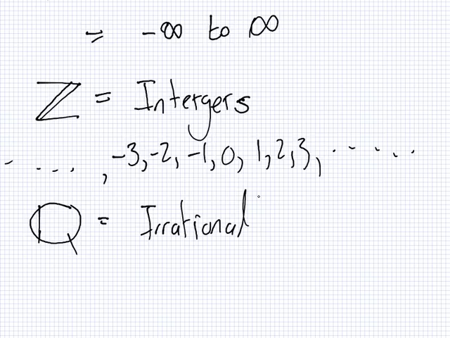No. Does anyone know? You can't write it in the form of A over B. True, but not quite enough. Form of A over B. This is it. Oh, sorry, I misspoke. These are the rational numbers.